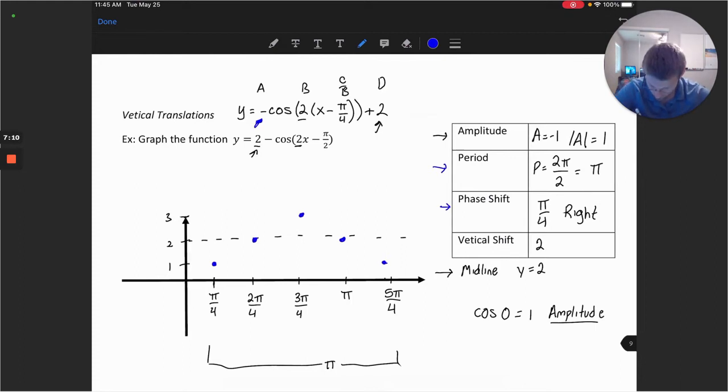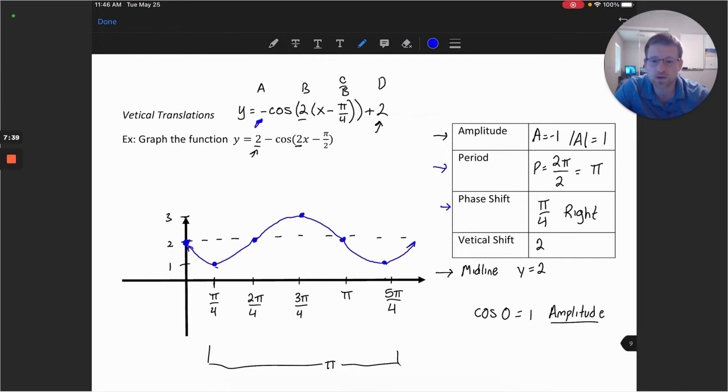So my cosine graph here will have this shape. And in fact, we'll hit the value, the midline here at 0, 2 as well, if you wanted to fill that in.